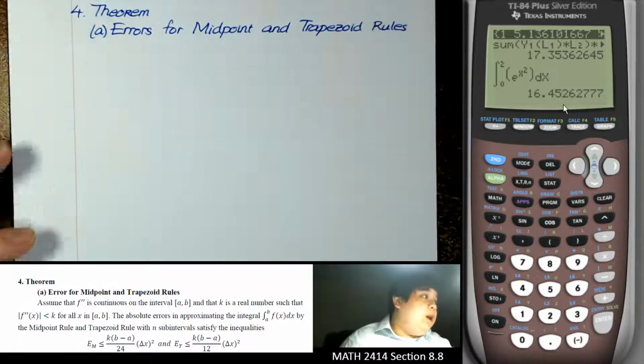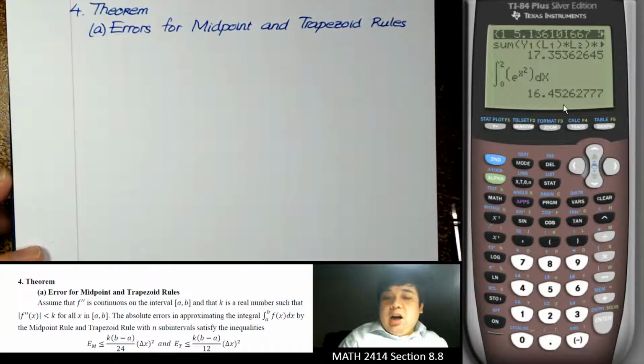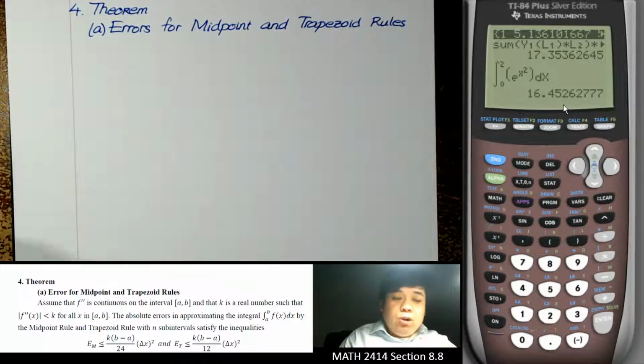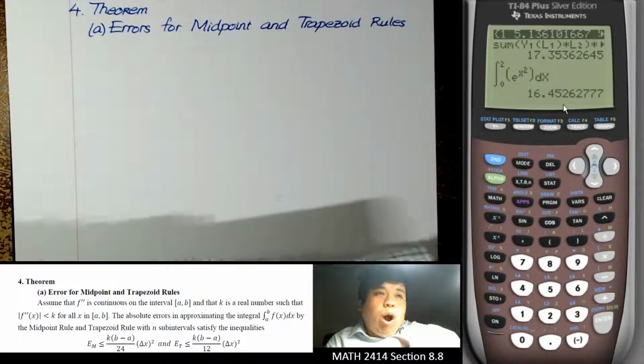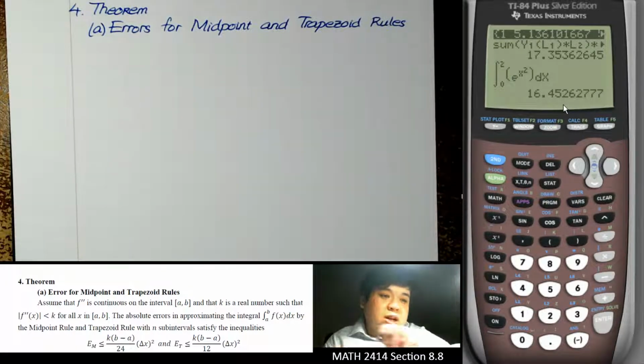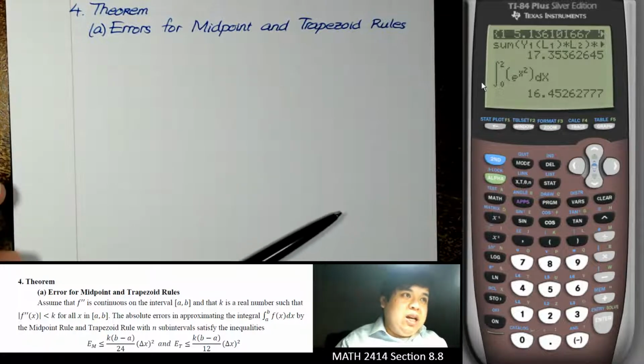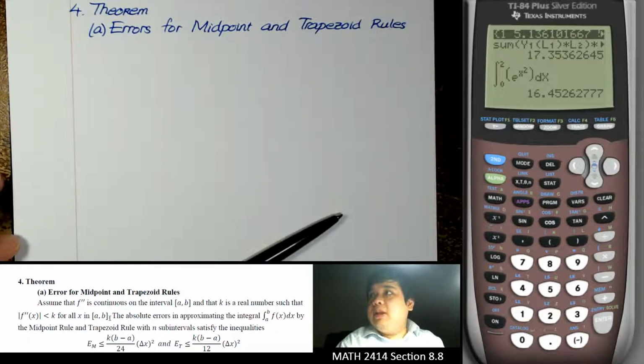We put those two together because for both of these we use the straight line to estimate the curve. For Simpson's rule, we use the quadratic or the parabola to estimate the curve. And then of course we can use higher degrees as well. But let's write this down.